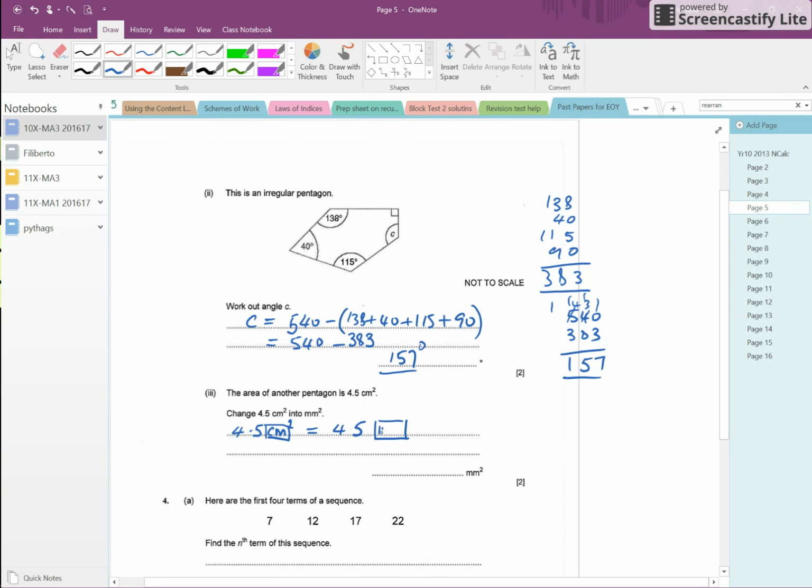Well, a centimeter is 10 millimeters. So that box needs to be squared. In other words, we need brackets here. So this is 4.5 times 10 squared, which is 100, and then the millimeters squared. So we get 450 millimeters squared.